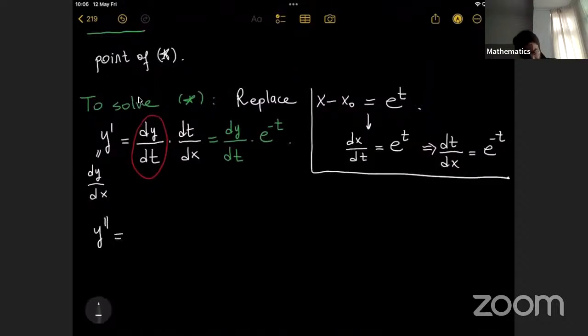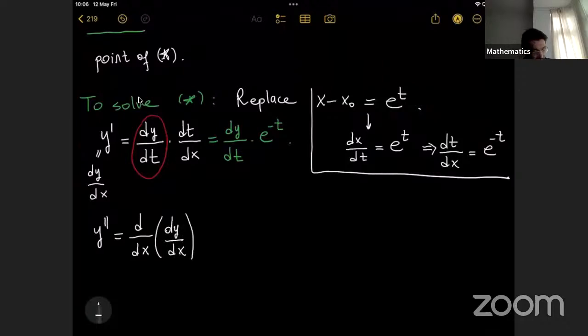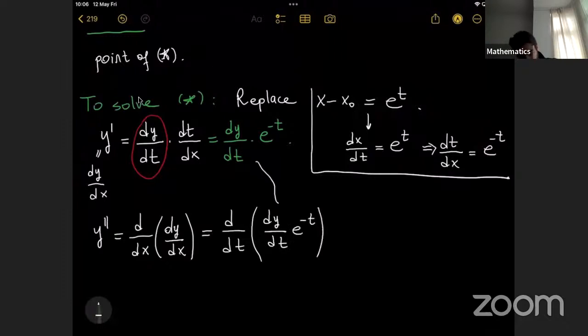This is basically derivative of y prime with respect to x. You can think of this like, first differentiate with respect to t, this dy dx. Dy dx is dy dt e to the minus t. We take this here, okay?